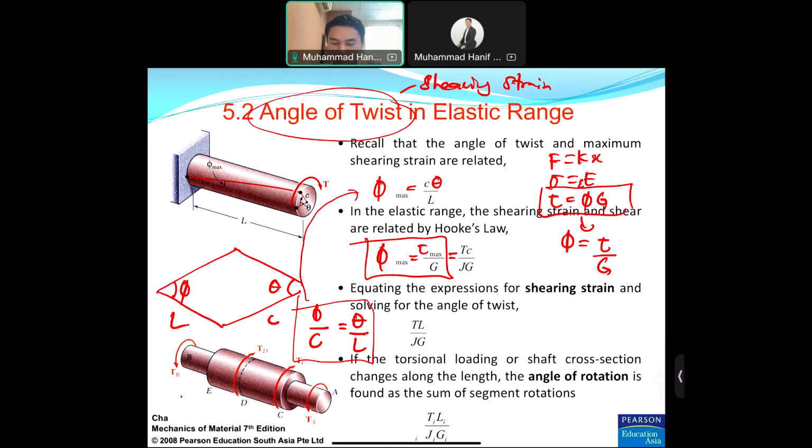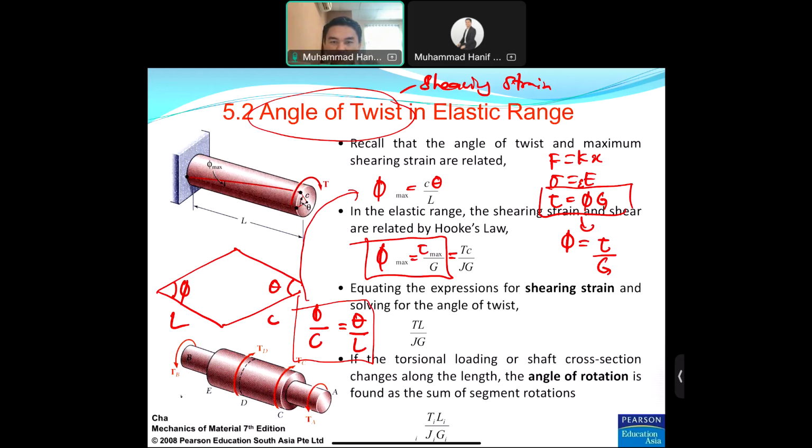In the end, you will have TC over JG. The idea is that we want to find the equation of phi. Phi is the angle of twist.